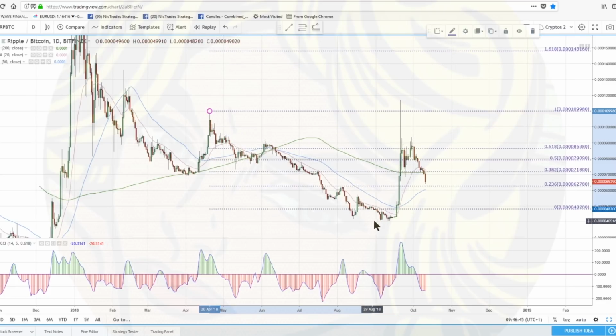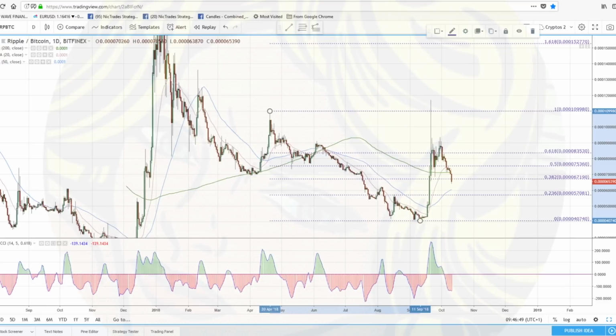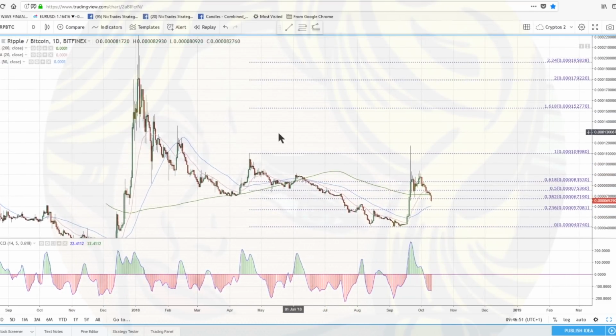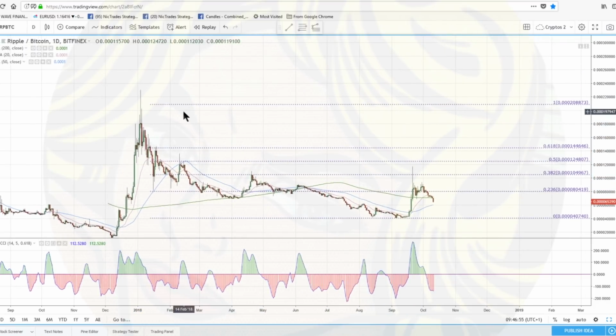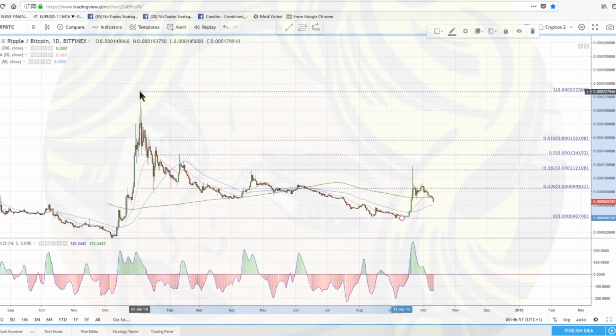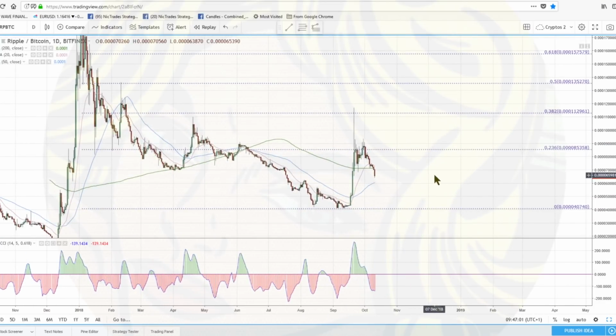If we take the most recent swing lower, no. So we don't actually have support in Ripple Bitcoin. That's fine. Normally, that does mean that probably in this bounce, Bitcoin is going to outperform Ripple, and we've got a little bit further to fall.